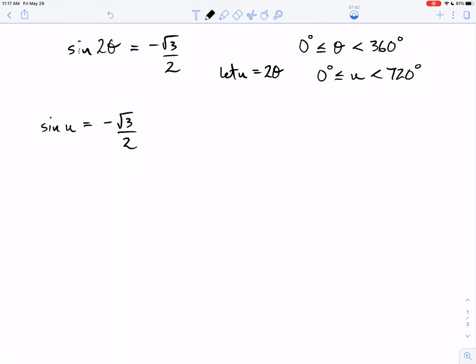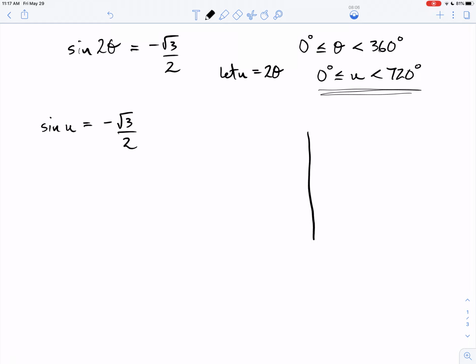And you see that that's 2 full revolutions around the coordinate system. So I'm going to end up with 4 answers again. And those 4 answers that I end up with are going to be with respect to u. So I'm going to have to take all 4 answers when I get to the end and multiply by 1/2.